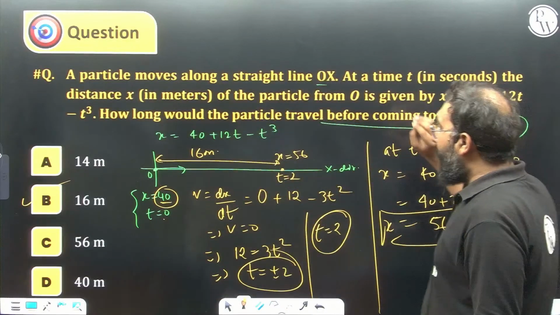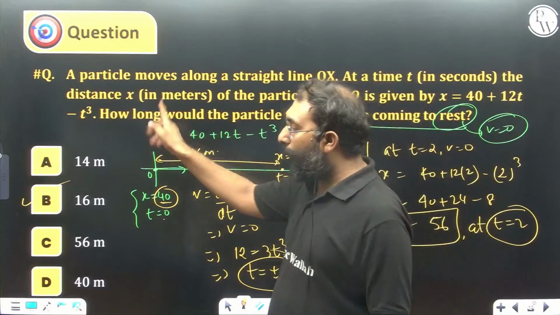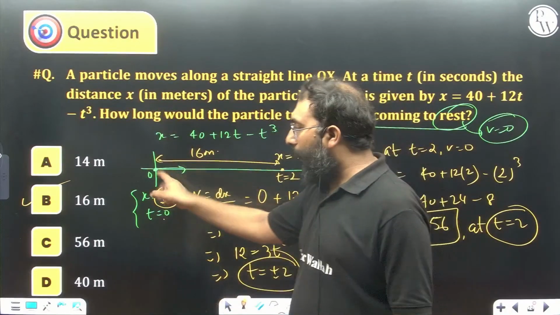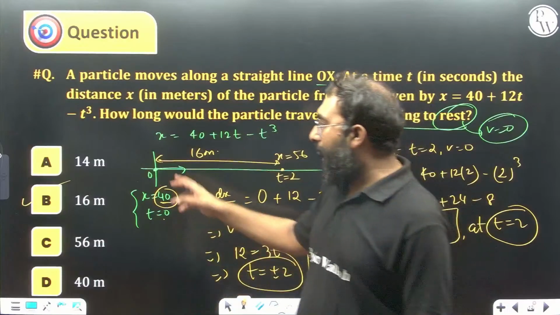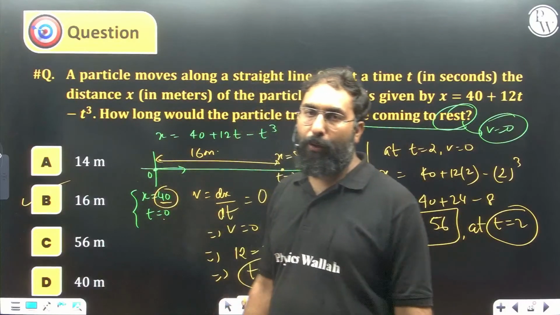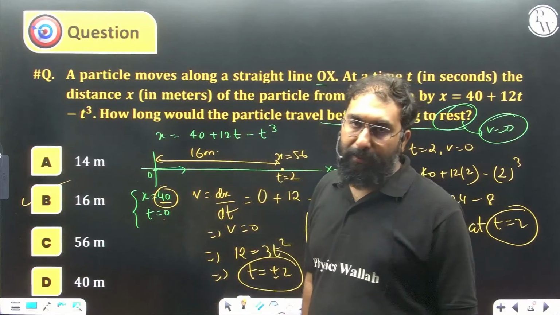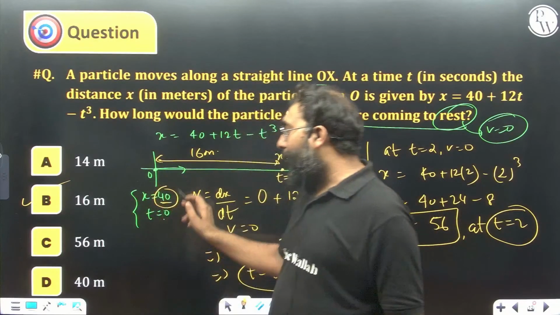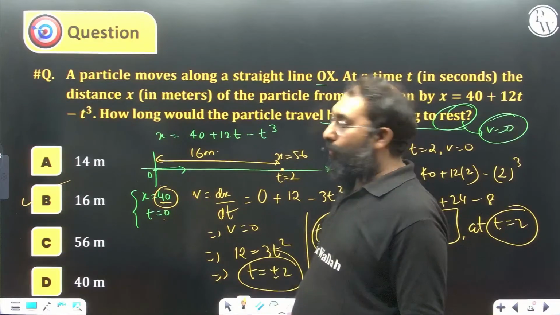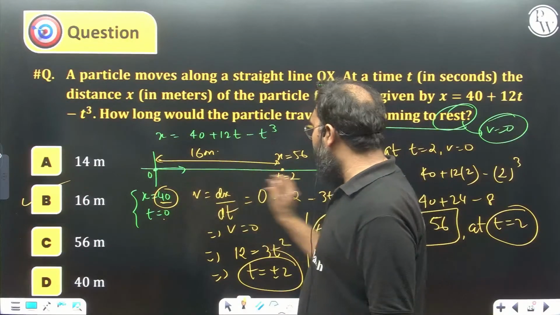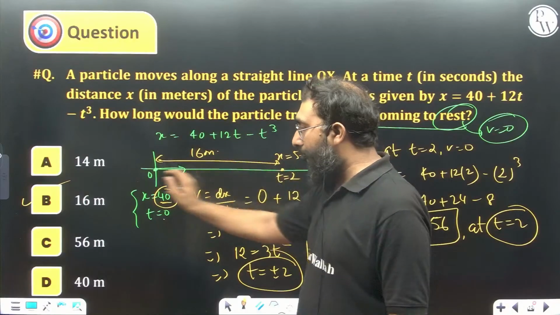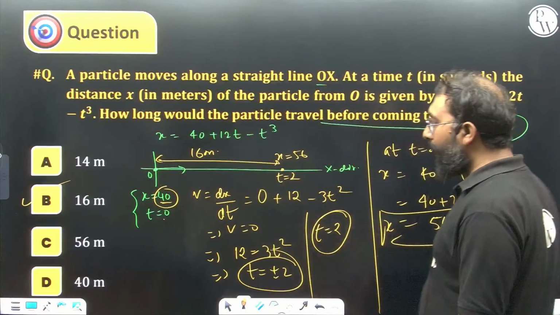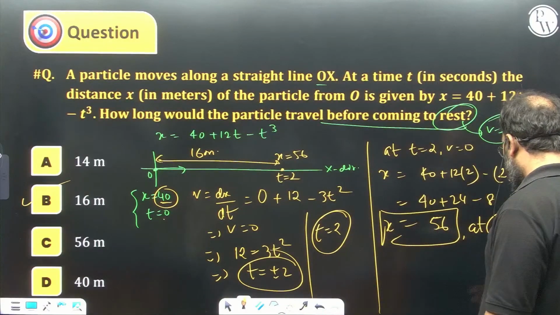T equals 2 will give the position of the particle, but it did not start from 0. If the particle would have started from x equals 0, then your answer would have been correct. But in this case, you have to be cautious. The particle is starting from x equals 40. So you have to write down the difference. This is 40 and this is 56. So the particle has traveled only 16 meters. So B is the correct answer. B for Bombay is the correct answer.